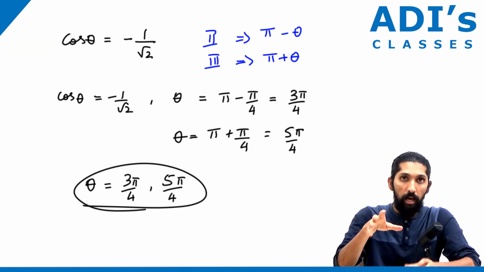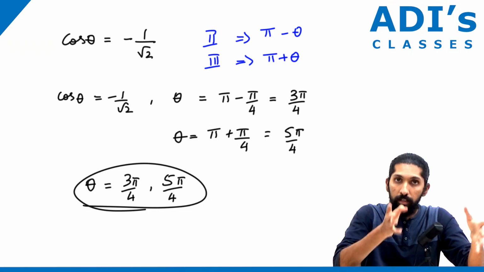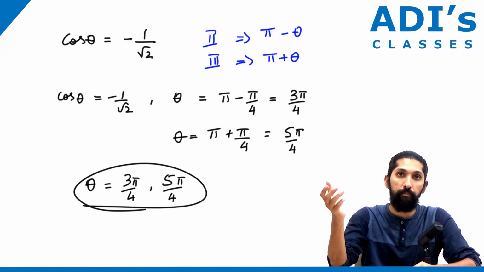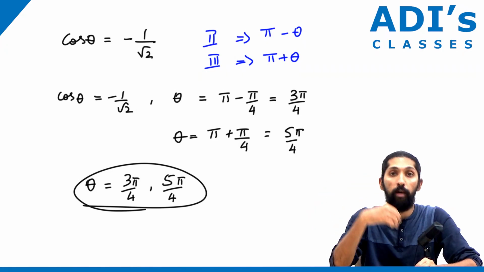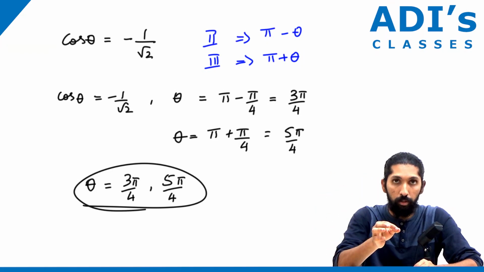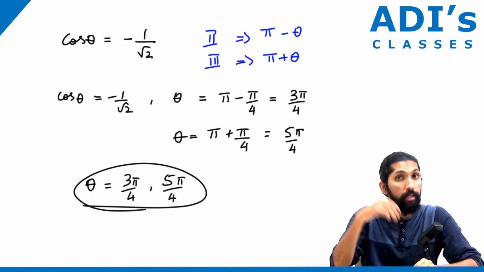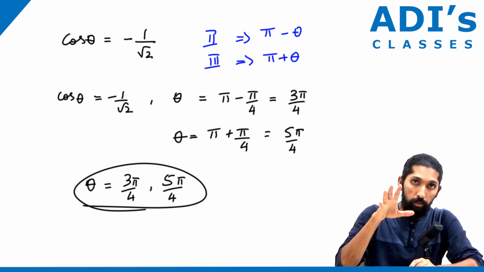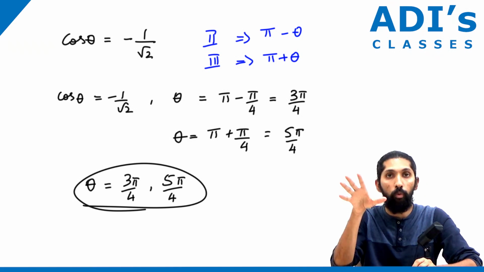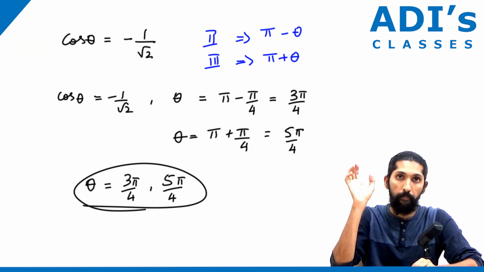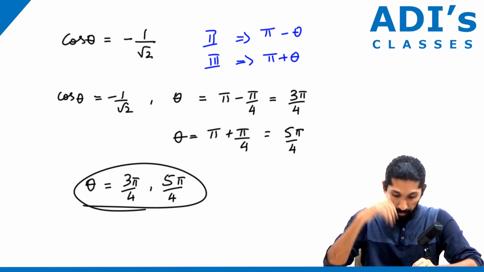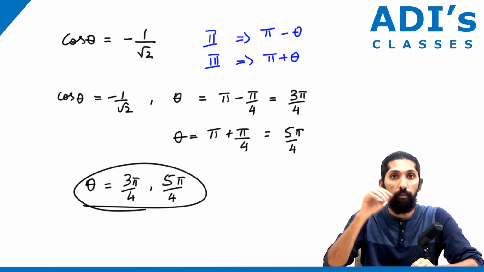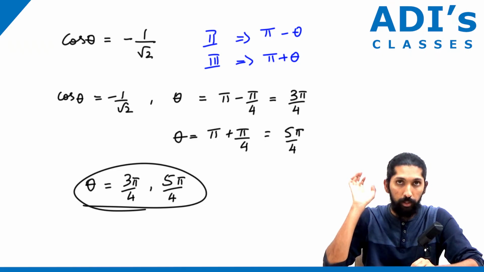Because the reason is, after 2 pi, every trigonometric function is going to repeat, irrespective of which trigonometric function you are going to consider. It's always going to repeat. So because of that reason, we consider only from 0 to 2 pi. Fair enough? So this is how we calculate the principal values for each and every trigonometric function.